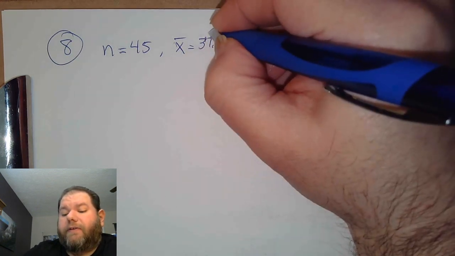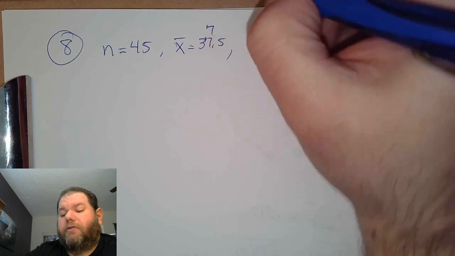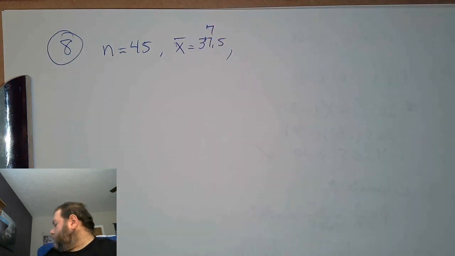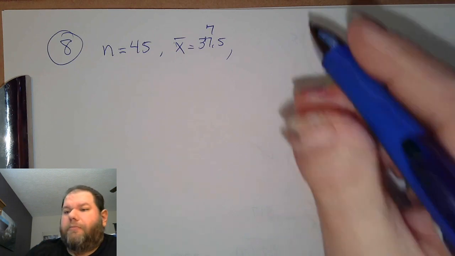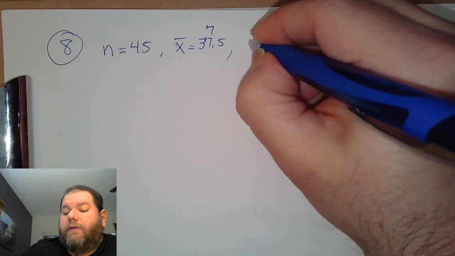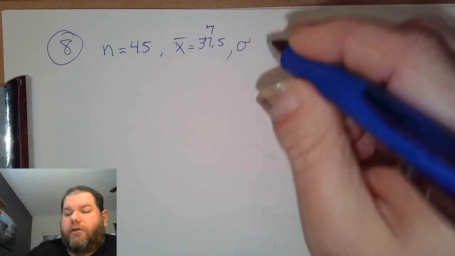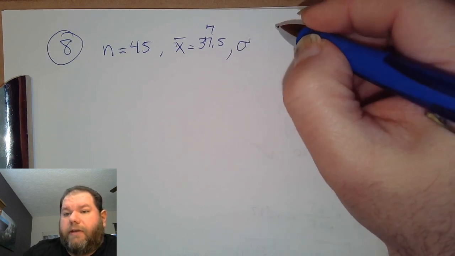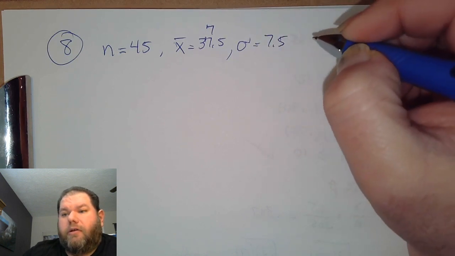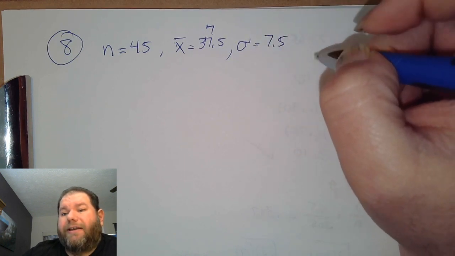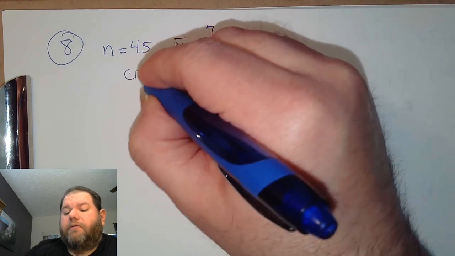And sigma, the population standard deviation, is 7.5. And we want to create a 90% confidence interval.